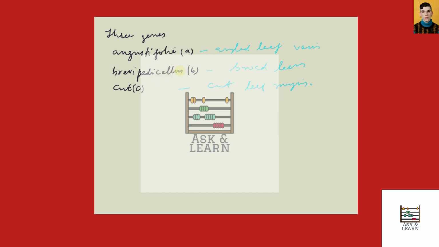A normal appearing plant is taken from the wild and crossed to a true breeding triple mutant.